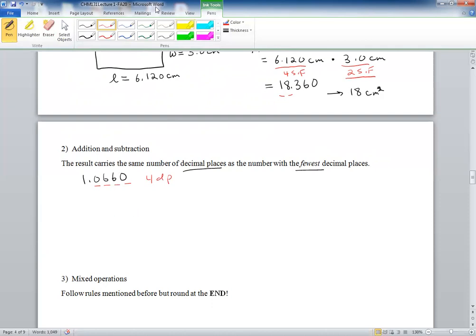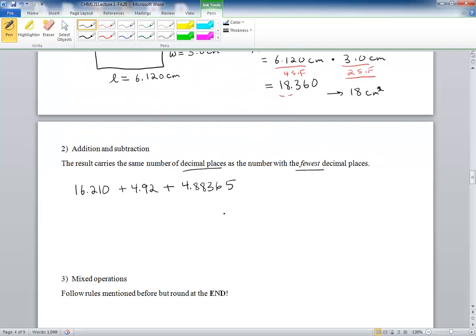So let's look at an example. If I were to add these numbers together, 16.210 plus 4.92 plus 4.88365.